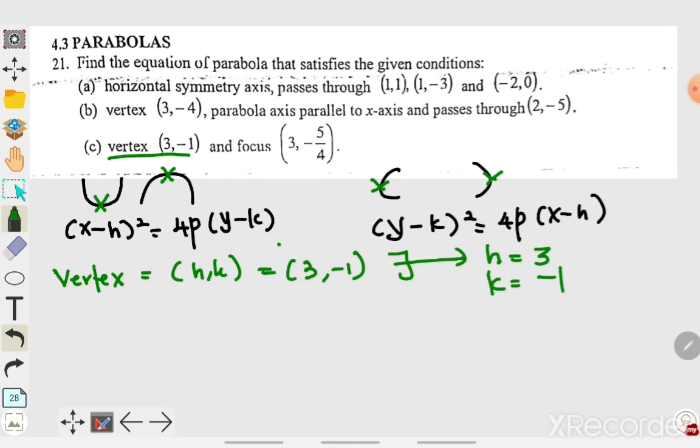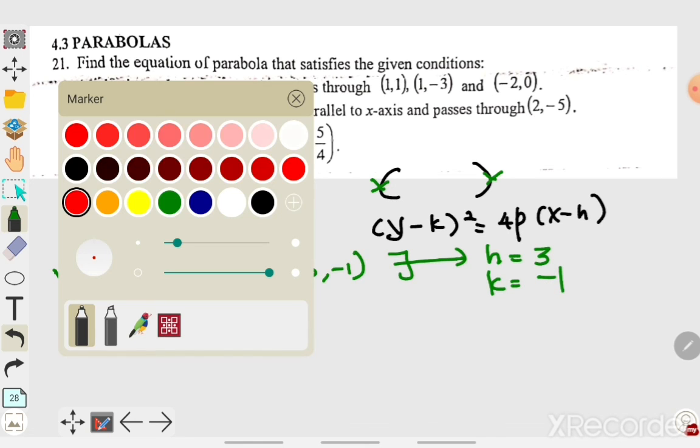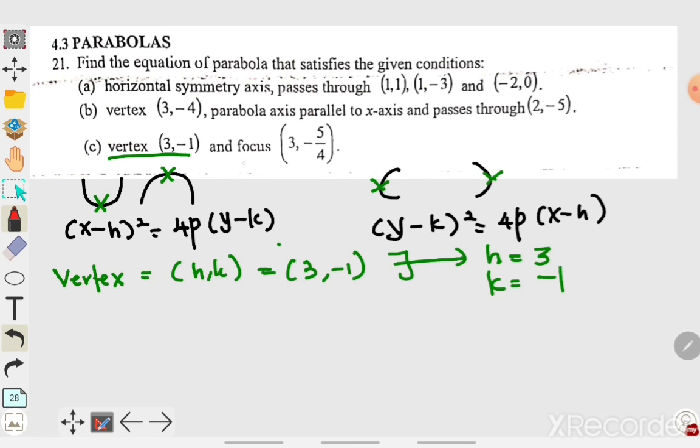Okay, settled. I use the pink color. The focus is (3, negative 5 over 4). This is negative 1, this is negative 3. Negative 5 over 4 is equal to negative 1.25. How do we do this?